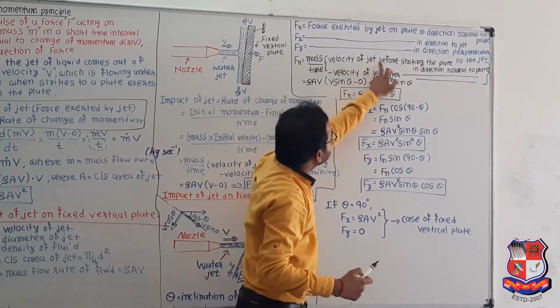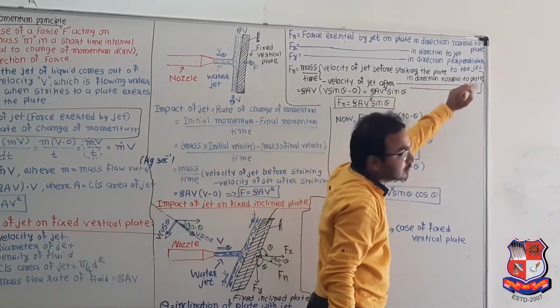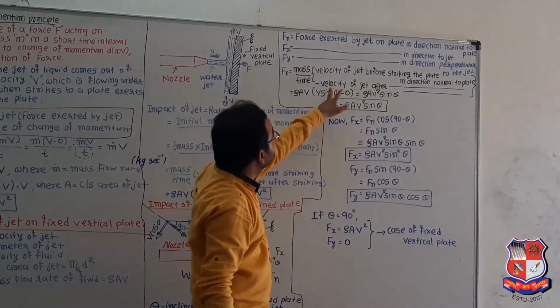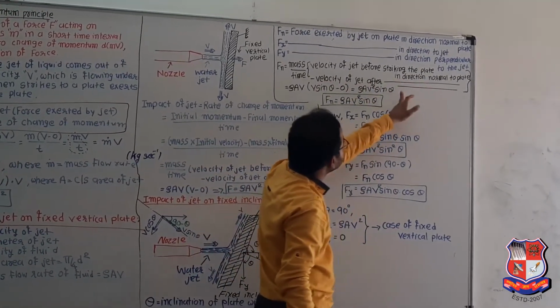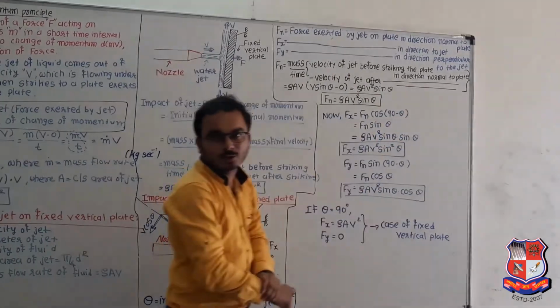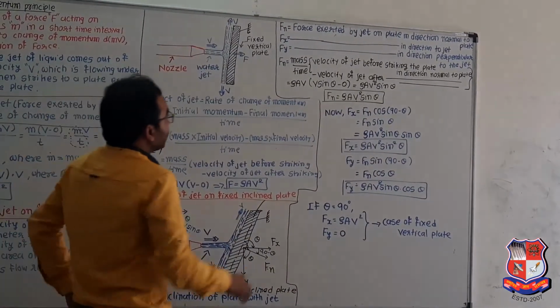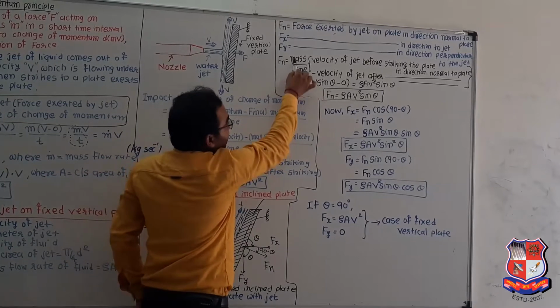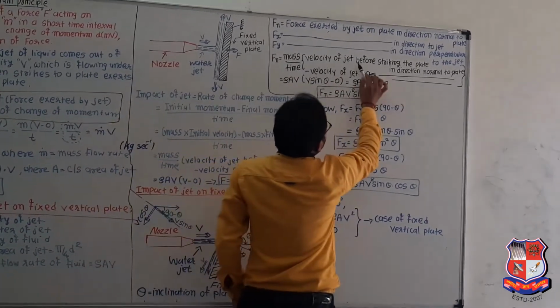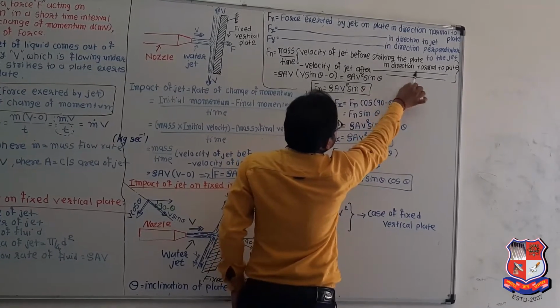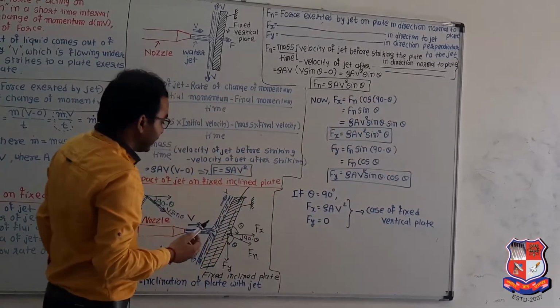So velocity of jet before striking to the plate in the direction normal to the plate minus velocity of jet after striking the plate in the direction normal to the plate. So rho AB is already mass upon time. Now we need to think of velocity of jet before striking in direction normal to the plate.